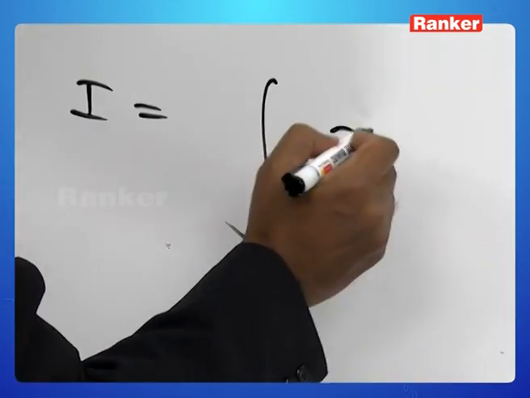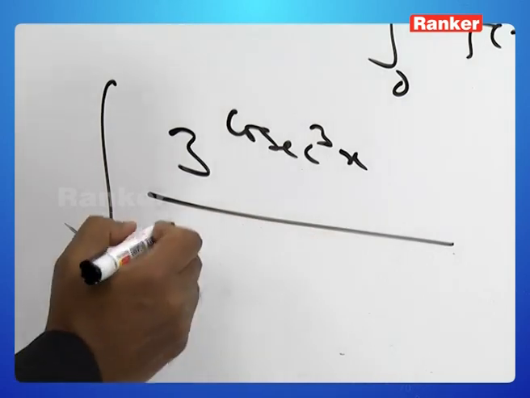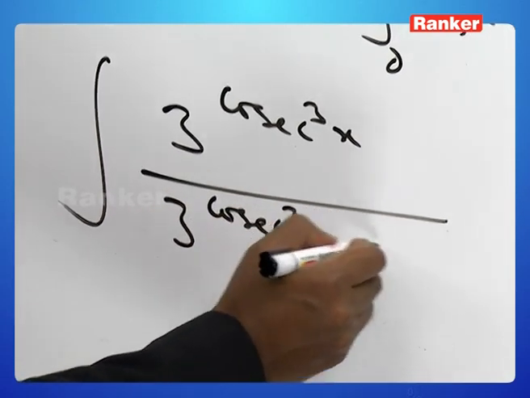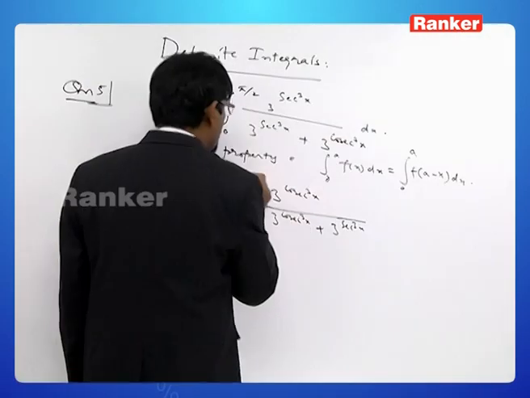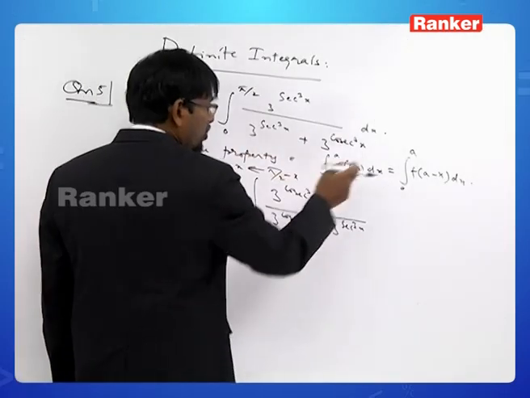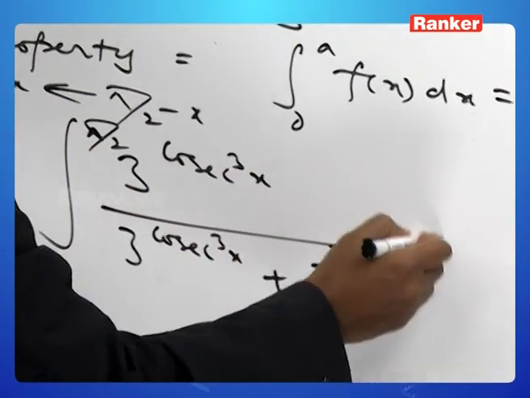So we will get 3 power cosecant cube x divided by 3 power cosecant cube x plus 3 power secant cube x dx. So what did we do? We replaced x with pi by 2 minus x. That is, we use this property. There should not be any change in the integral dx.